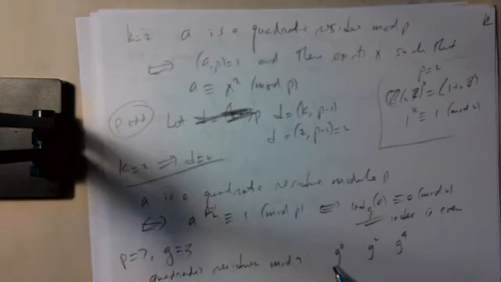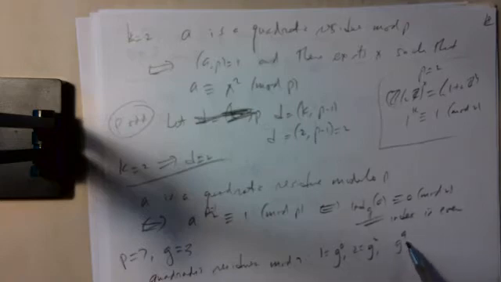So what are these numbers? g to the 0 is 3 to the 0, that's 1. g squared, 3 squared is 9, that's 2. g to the 4th is 81. What is 81 mod 7? It is 4. So the quadratic residues mod 7 are 1, 2, and 4.